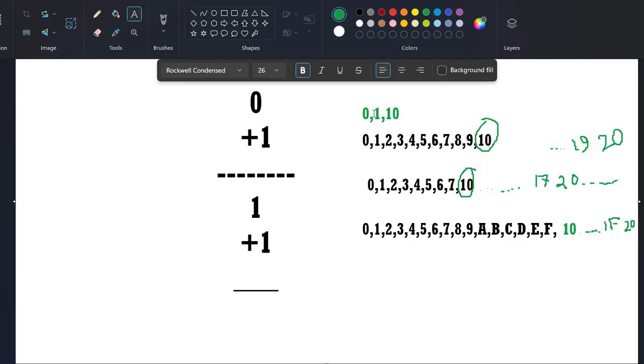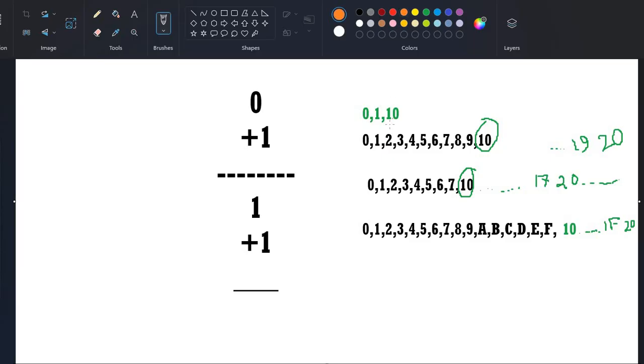That means 1 plus 1 equals, in the binary number system, 1 0, which is equivalent to 2 in base 10.